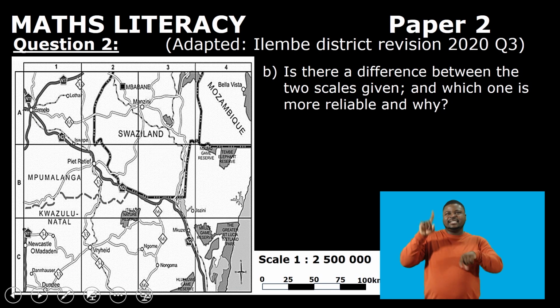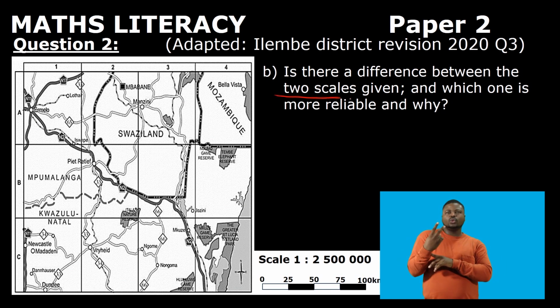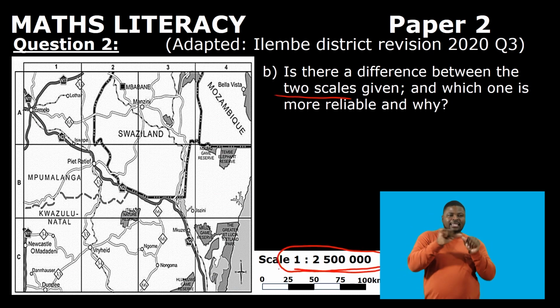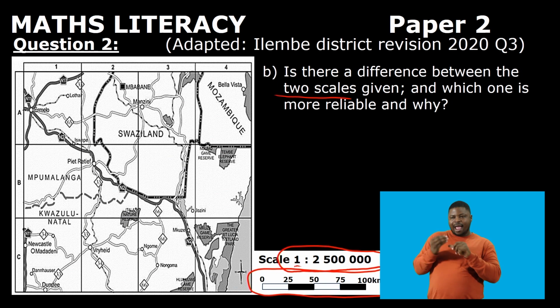Then, is there a difference between these 2 scales given, and which one is more reliable? So now, what's happening is we are given a ratio scale or a number scale and a bar scale. Now, according to this number scale, 1 unit is to 2.5 million units in reality.